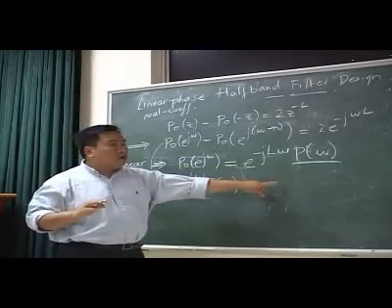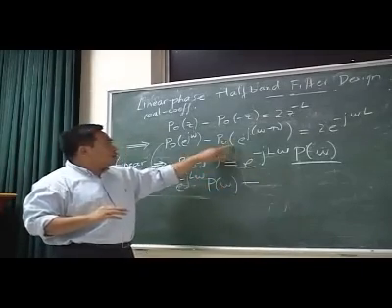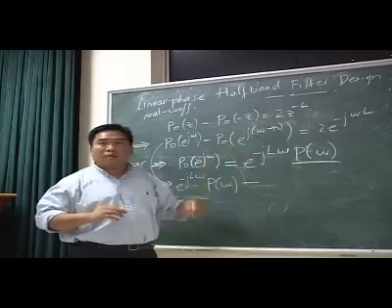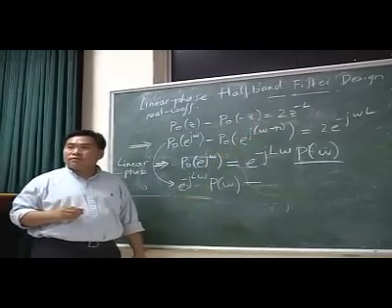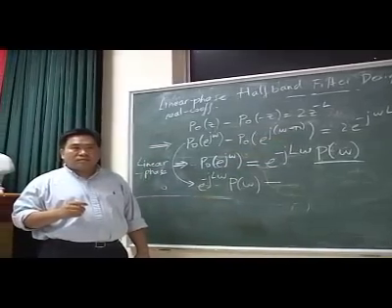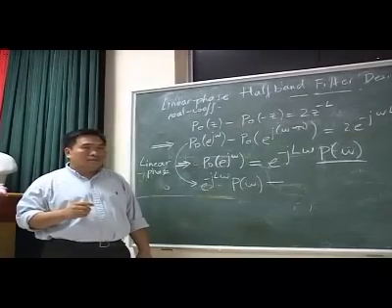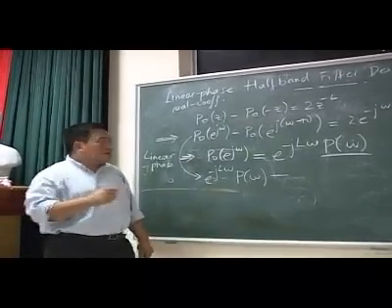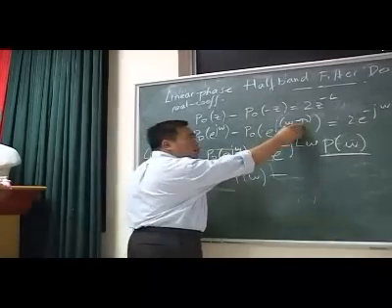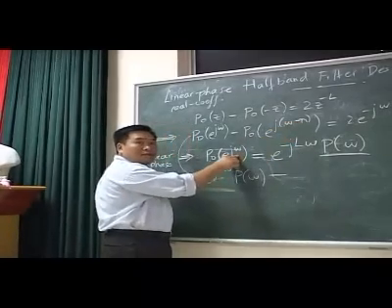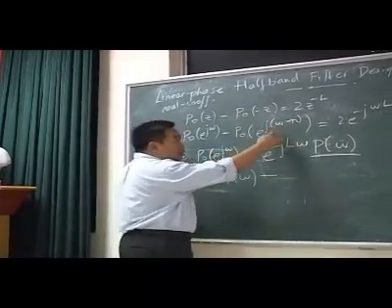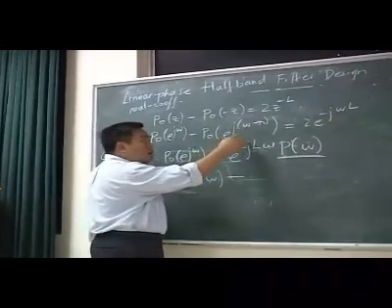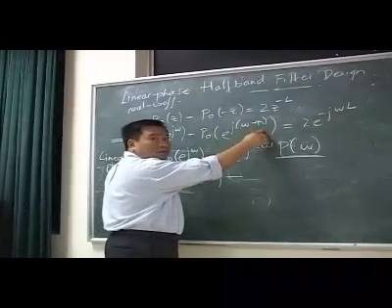How do I find the form for P naught of e to the j omega minus pi? What do I need to do? I need to substitute omega minus pi into this form, right? So basically, wherever I say omega, we're going to substitute omega with a shift in omega, okay?